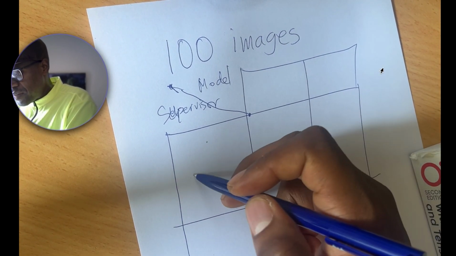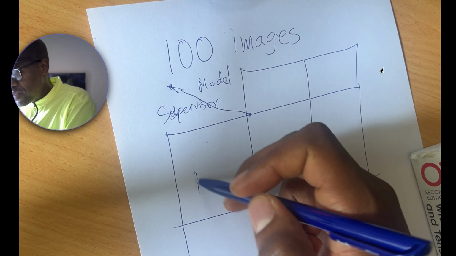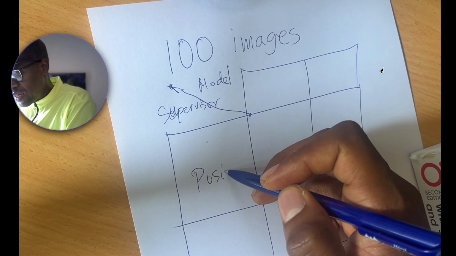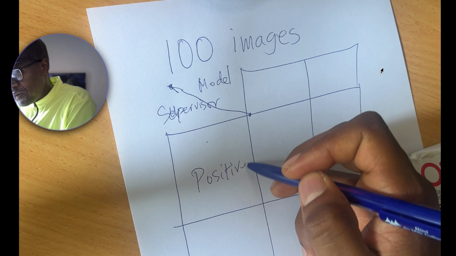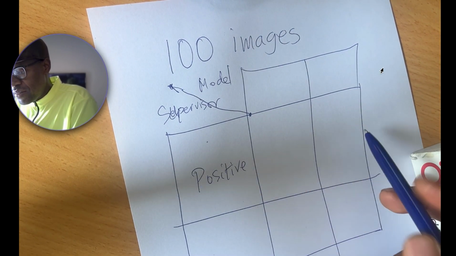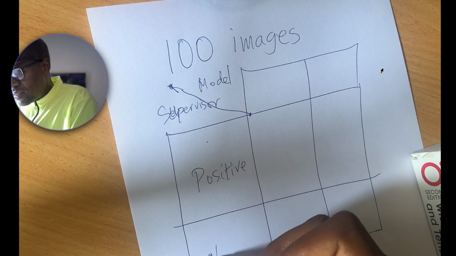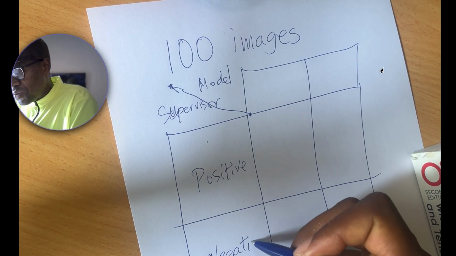This is what the supervisor calls positive, that's visible according to the supervisor. And this is what the supervisor calls negative.